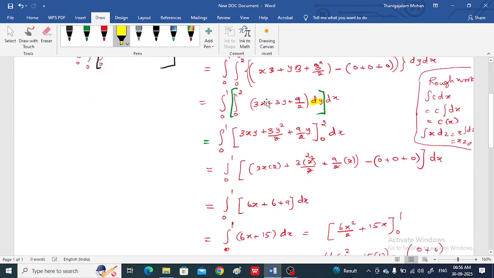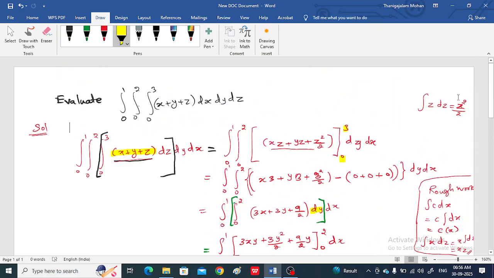Again integrate with respect to y. 3x is independent of y, therefore introduce y here. 3y dy can be written as integral 3 into y dy, which is 3y square divided by 2.